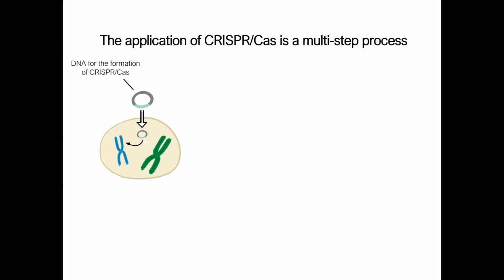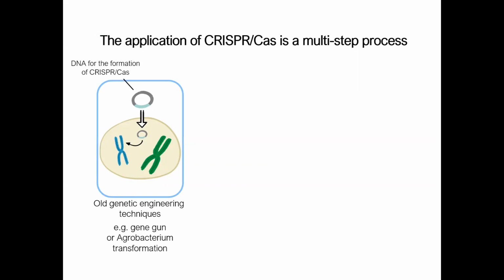The gene scissors DNA is integrated into the genome, here into the blue chromosome. The first step is carried out using old genetic engineering techniques such as particle bombardment with the gene gun or agrobacterium transformation. In the next step, the cell forms the gene scissors which recognize the target sequence and cut it.